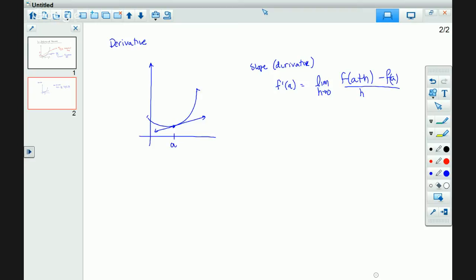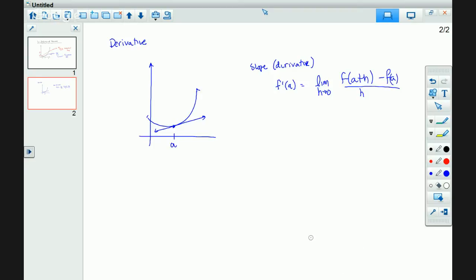The limit as h approaches 0 of f of a plus h minus f of a over h. We talked about that last year. h is always going to approach 0.